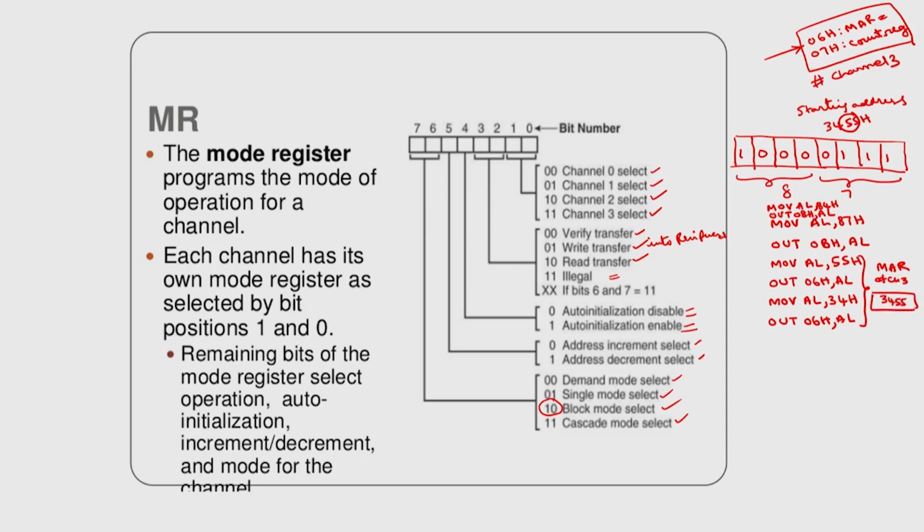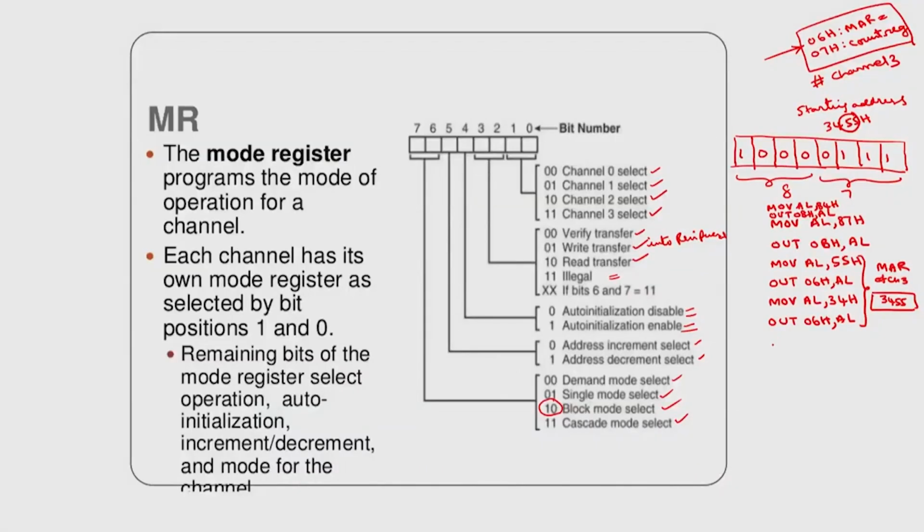Then you have to load the number of bytes to be transferred. The number of bytes is 1 kilobyte, and the address of the count register is 07H. Again you take move AL comma 03FF, 03FF is 1 kilobyte. The lower order byte will be FF, the higher order will be 03. You take the lower order FFH, out.